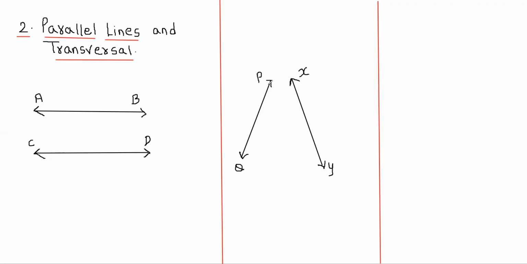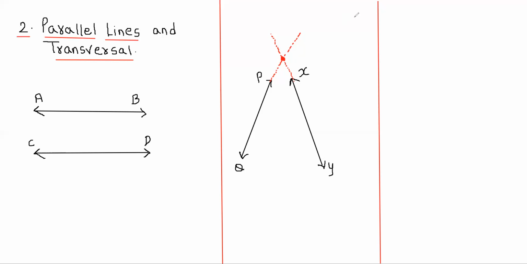But if we extend this line further from P, these two lines will intersect each other at one particular point. That means PQ and XY may not seem intersecting now, but if we extend them, they will definitely intersect. Hence we cannot say that line PQ and line XY are parallel lines.